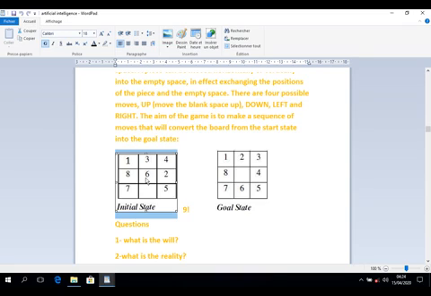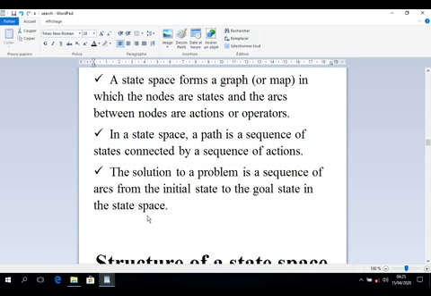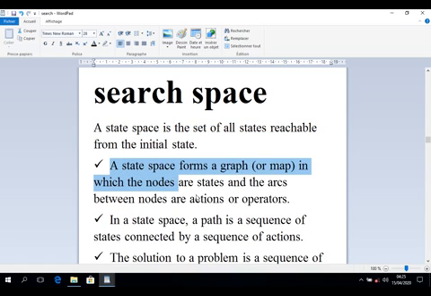Now, state space or search space. So what is the state space? A state space is a set of all states reachable from the initial state. So from this initial state, what are the states that are reachable, that are accessible?